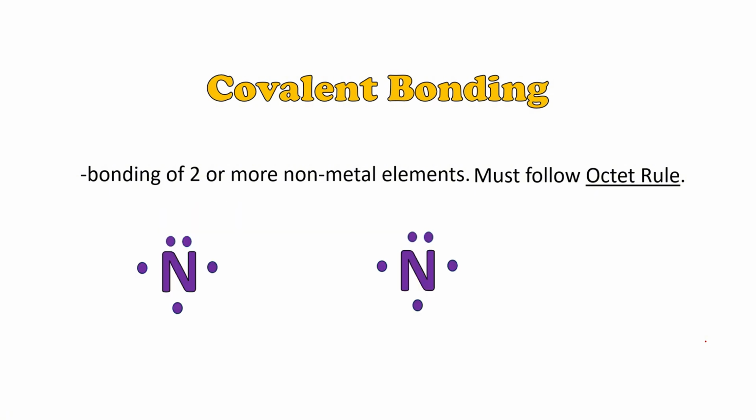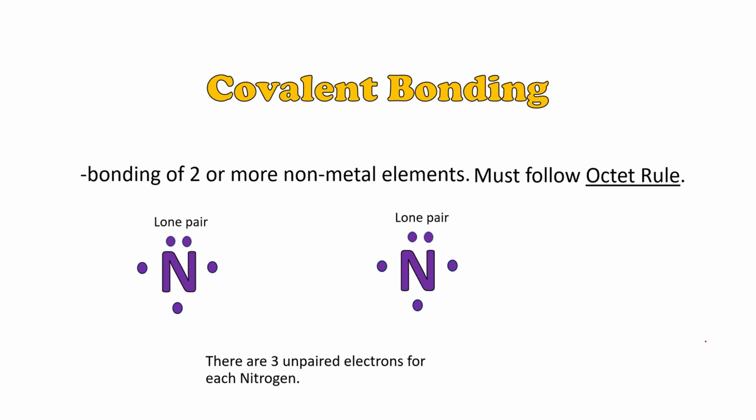Okay, another example, with the same atoms, which are nitrogens. If we combine these nitrogens using the mutual attraction, which is applicable only for covalent bonding, each one of them has a lone pair, and if we combine them, they're going to share each unpaired electron with each other.